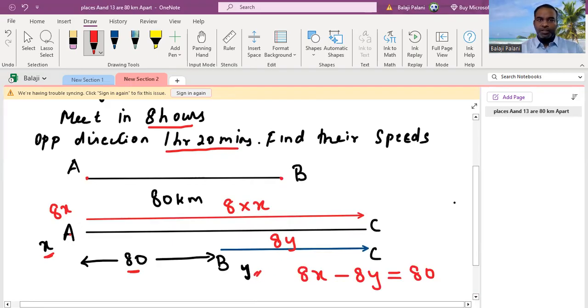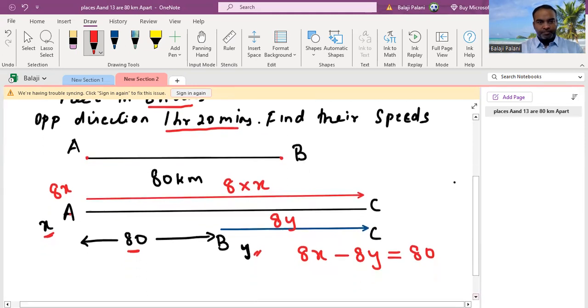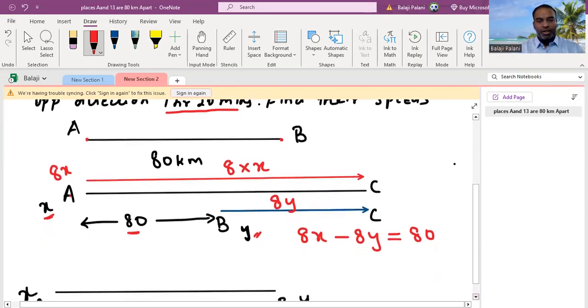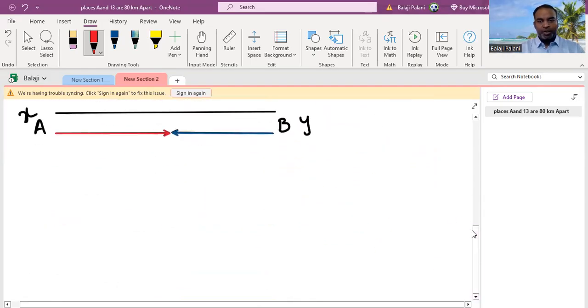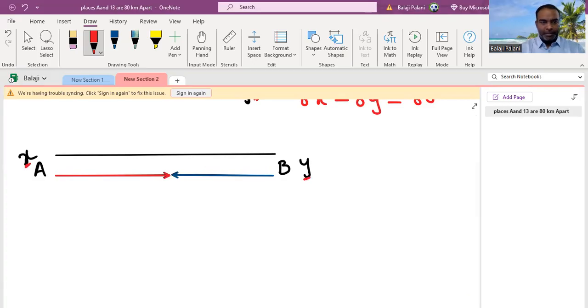So that is the equation with the available data, based on the first condition. And secondly, if they travel in the opposite direction, they meet in 1 hour 20 minutes. So, diagram here. Again, x is the speed of A, y is the speed of the car from point B. They meet in 1 hour 20 minutes.